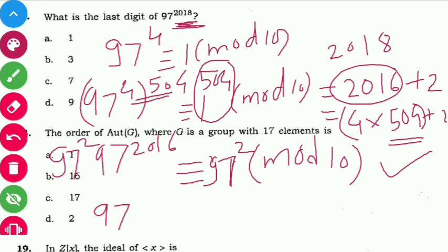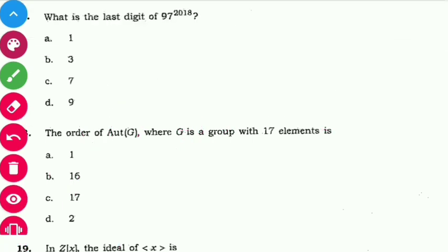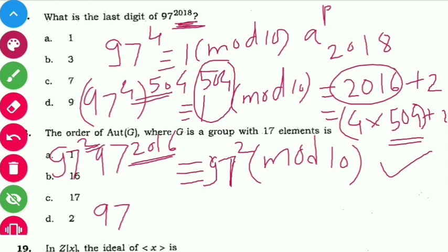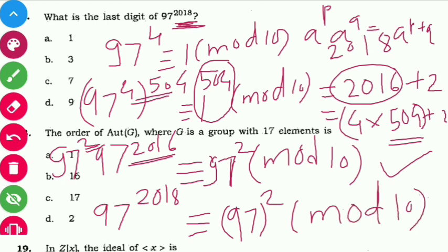Now a raised to p into a raised to q is the same as a raised to p plus q, right? By the laws of indices. So this is just the same as 2 plus 2016 is 2018, right? Which is congruent to 97 the whole square, sorry, this is mod 10, right?